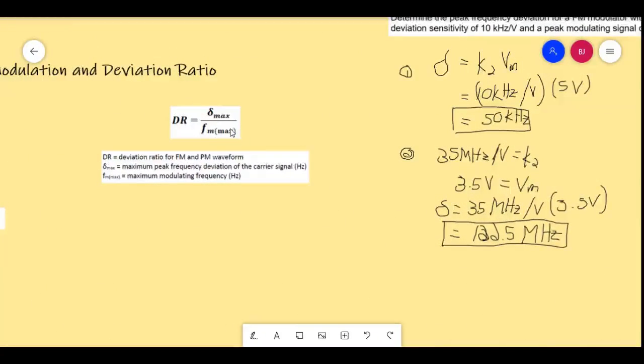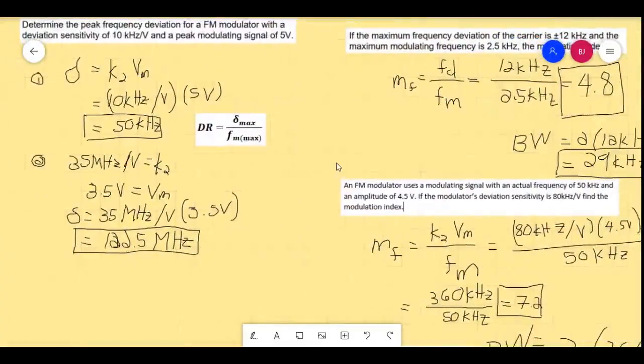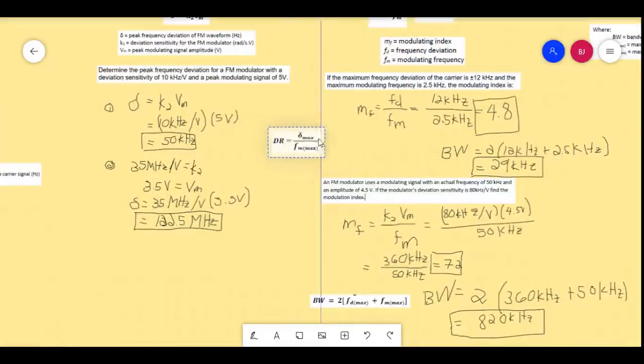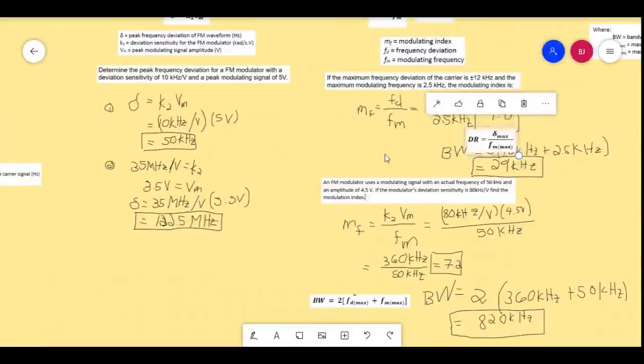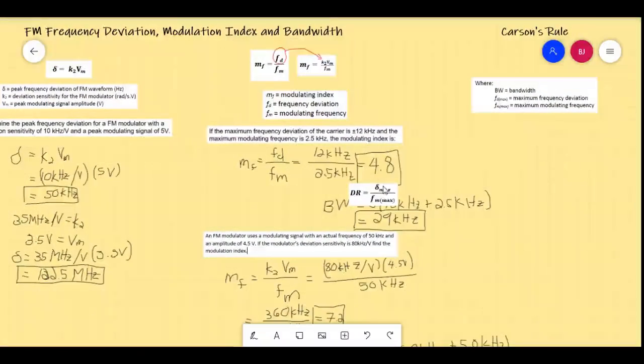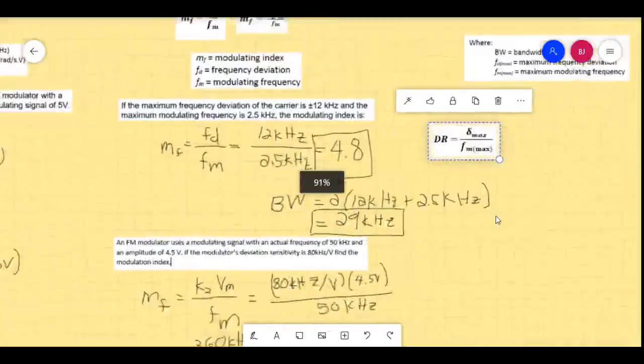So let's use this as part of our problems here for FM and PM. So let's try to use it here for our FM. Okay.